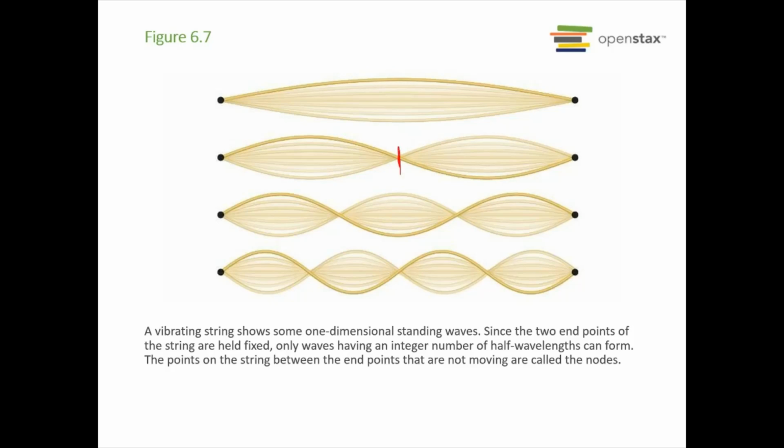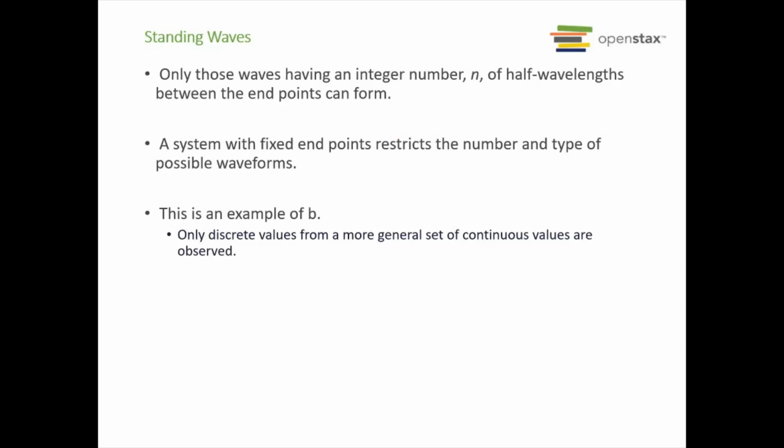So if we took a half of this one big wave, then we can have a little node here and have two little waves. Then we could divide each of those in half and then half again. So they can only have these half wavelengths forming these nodes. We'll talk more about that as we go. Where it's not moving, so the ends and those inner parts, are called nodes. So a node is where something is not moving.